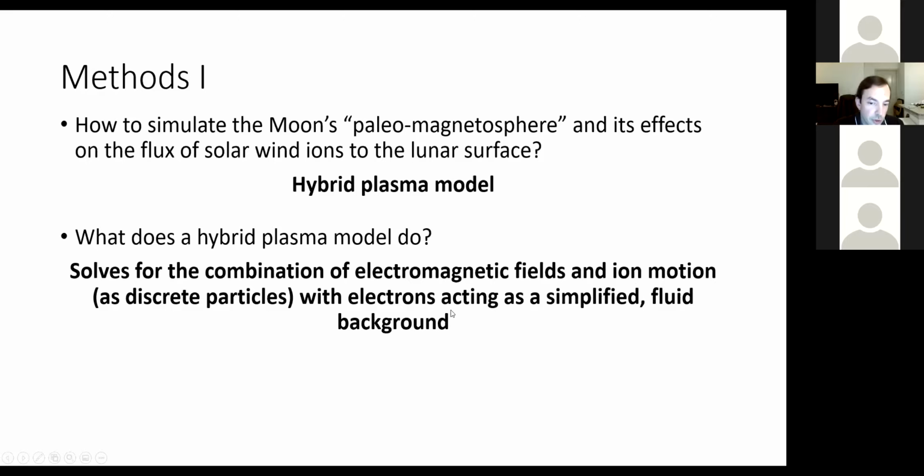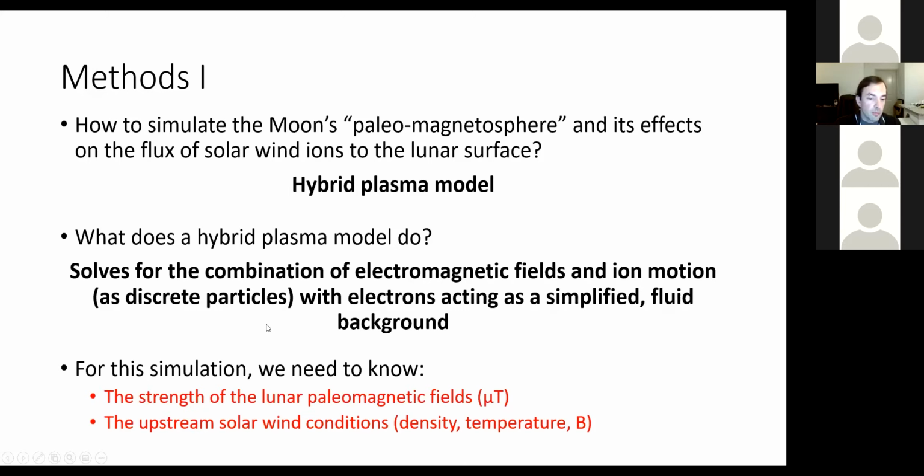The reason for that is that the electrons are more pushed around adiabatically by the magnetic field, but the ions are less adiabatic, and maybe you want to treat those as discrete particles. And so the hybrid plasma code has proven useful in these types of problems.